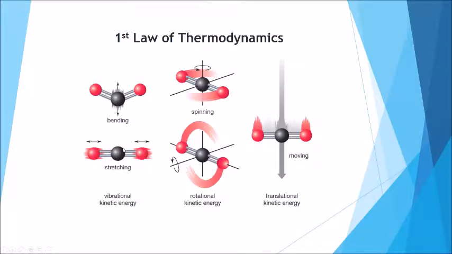Okay, so if we add energy to the system, it may in fact undergo some vibrational kinetic energy of a bend or a stretch. It's also possible that there might be a rotational kinetic energy where the atom molecules might spin or rotate, in this case around the y-axis in a horizontal plane. You can also get a rotational motion in a vertical plane around the x-axis.